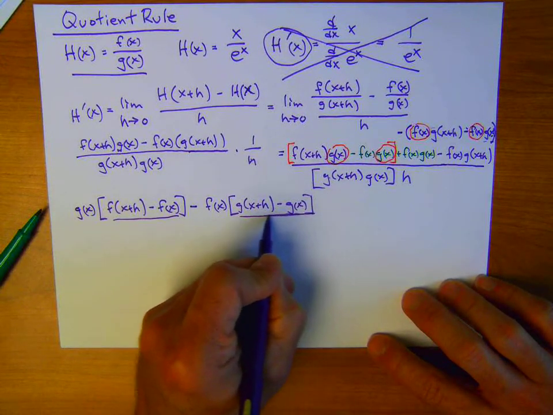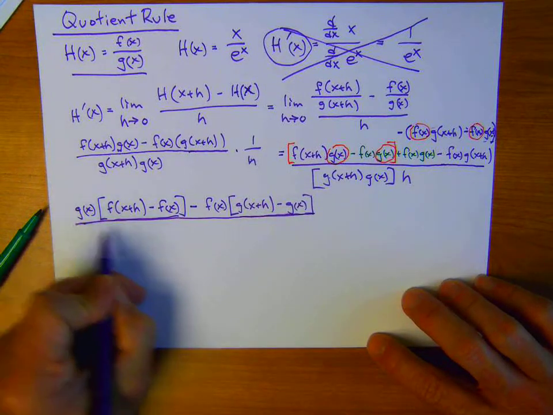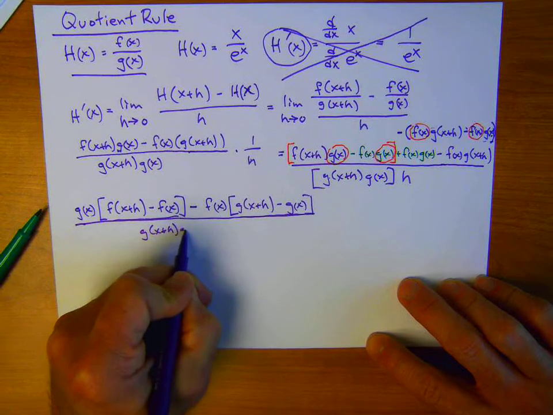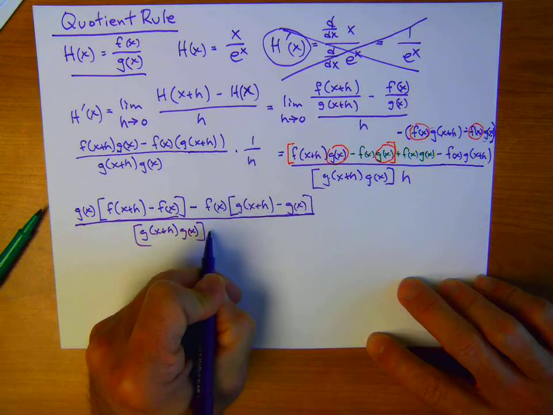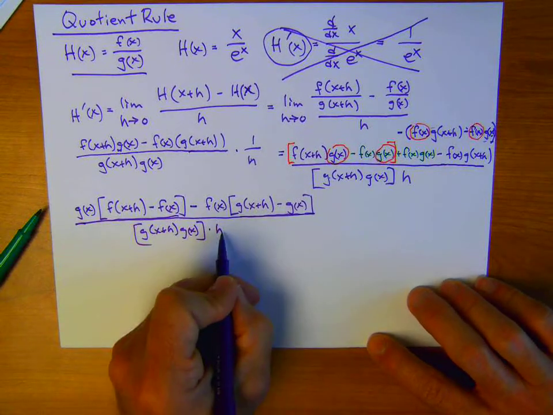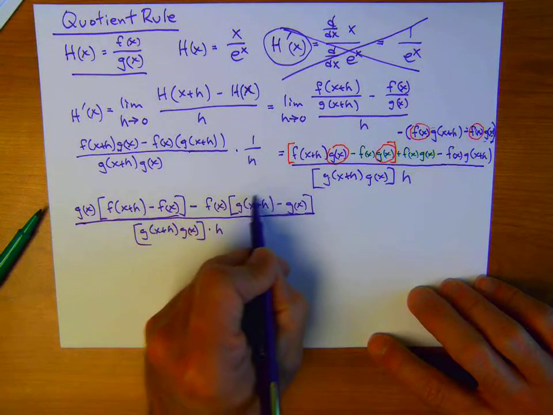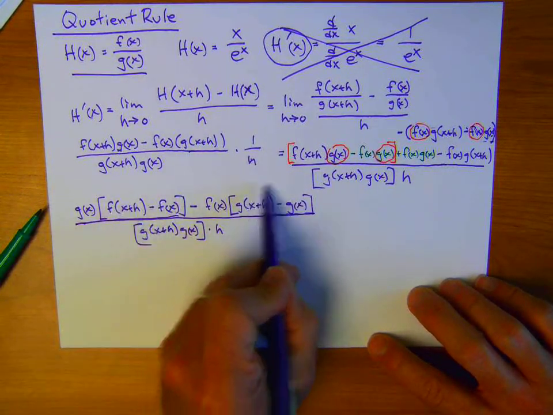All right, so actually just kind of continue that line here, and downstairs we've got g of x plus h times g of x times h. Now, I'd like to get rid of this h. Really, where I want the h is, I want the h underneath here and underneath here, right? Because then when I take the limit, this will become f prime, this will become g prime.